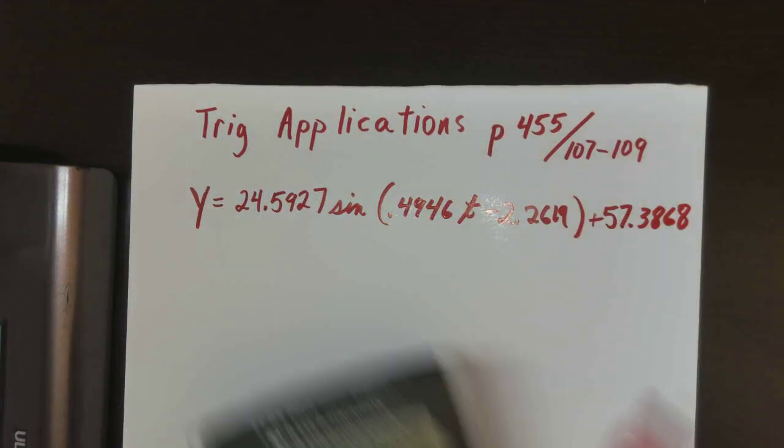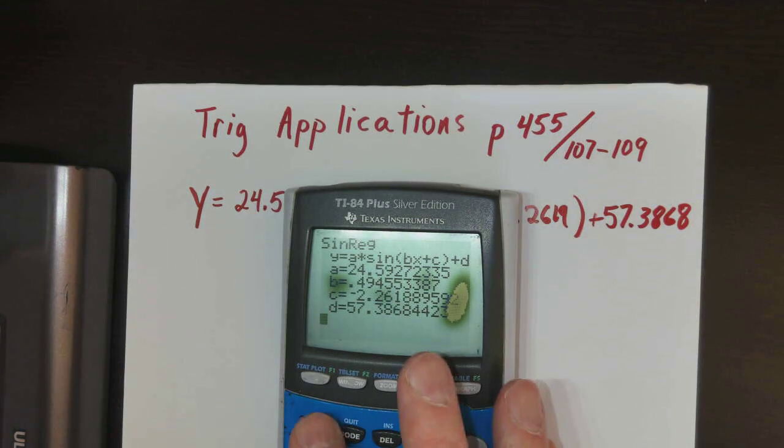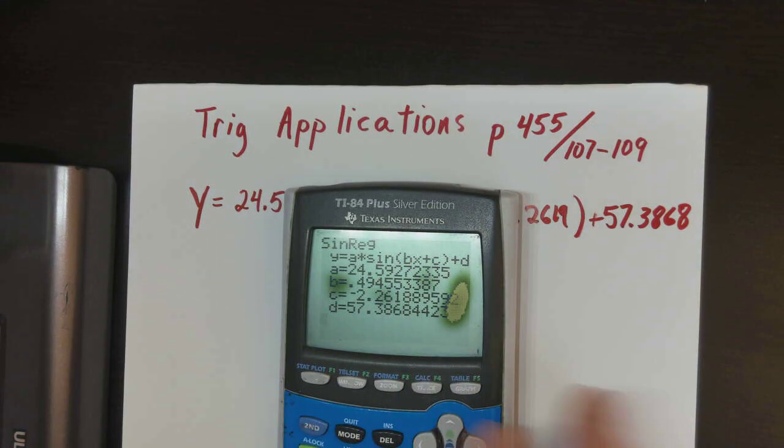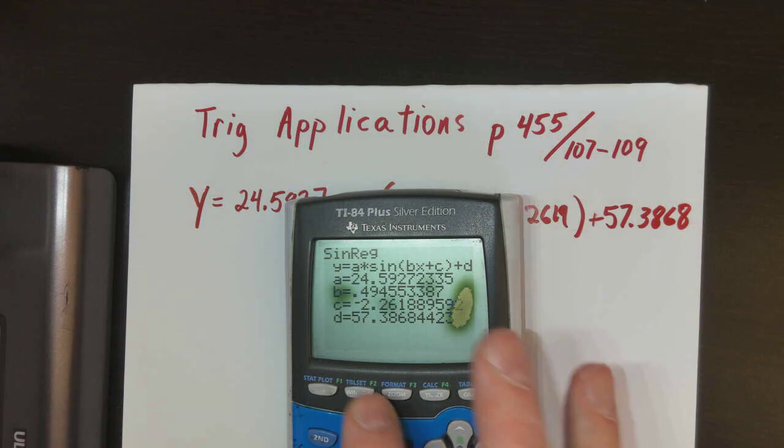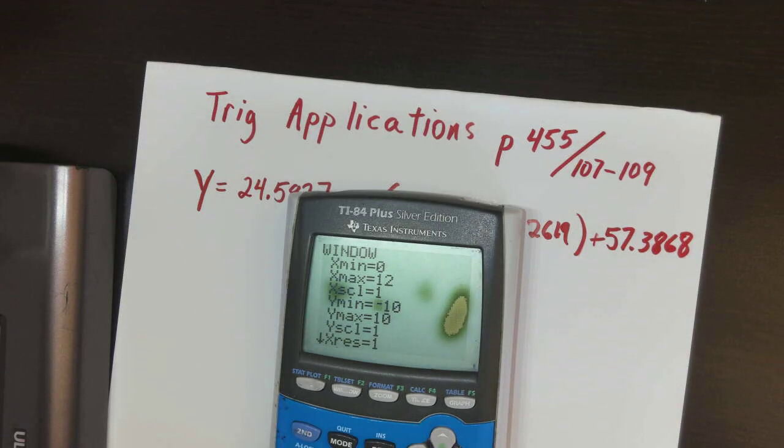Now, I also want to show you something else. Okay, so we're talking months. I'm going to set my window. I'm going to go 0 to 12 on the months, and then go by ones there. Now the temperatures, if you look, 1 is the lowest for Fairbanks, so I'm going to go 0.